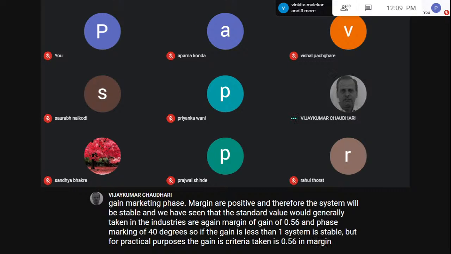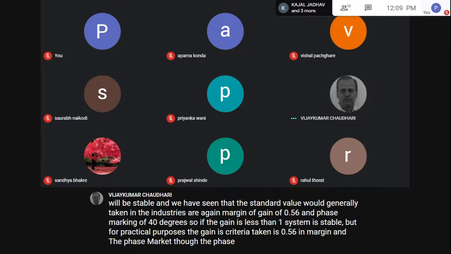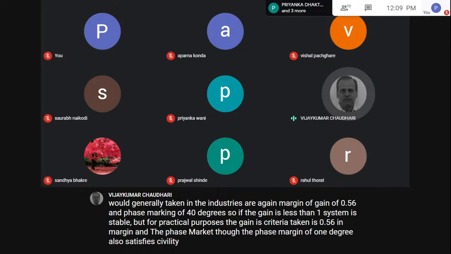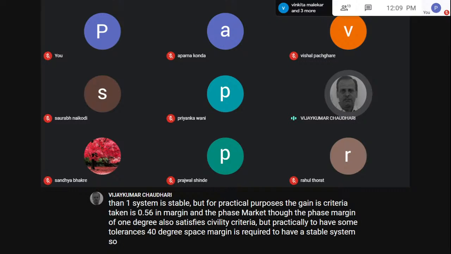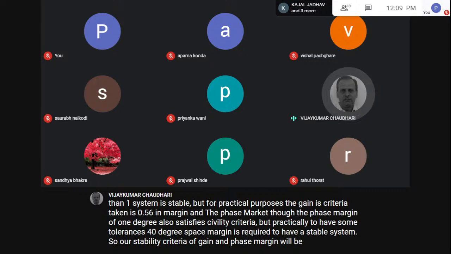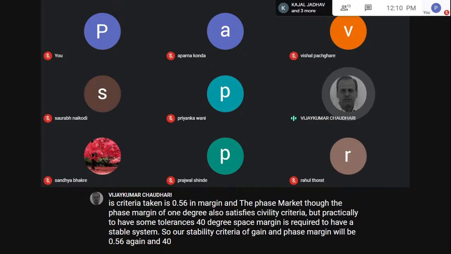Though a phase margin of 1 degree also satisfies the stability criteria, practically to have some tolerances, 40 degrees phase margin is required. So our stability criteria will be 0.56 for gain and 40 degrees for phase. This we have already discussed.